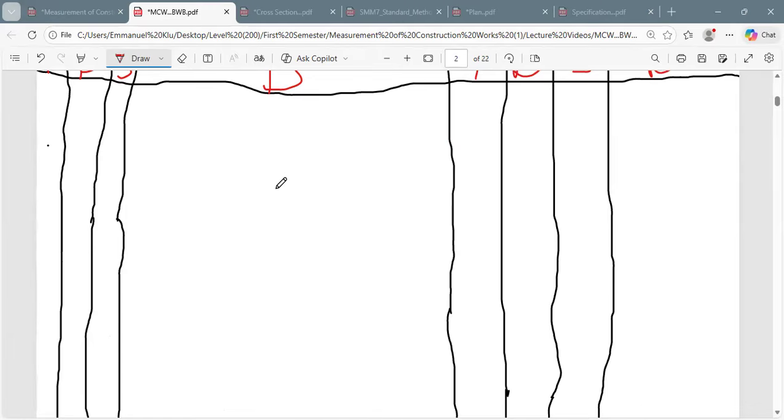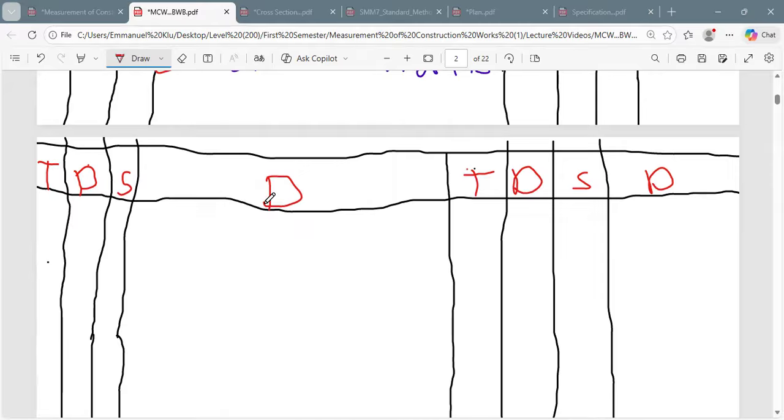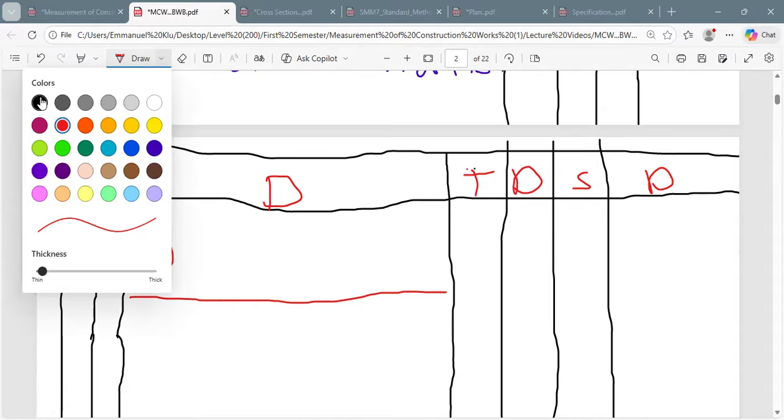All right. So we have to list this over here, and this is, let me say, 1. The one we want to start with first of all is the topsoil calculation.